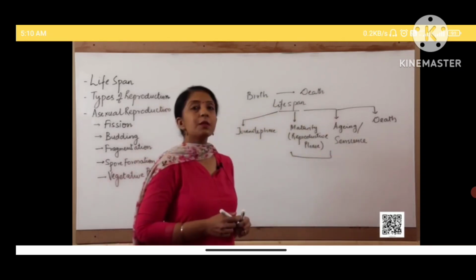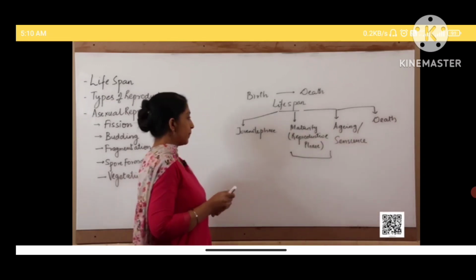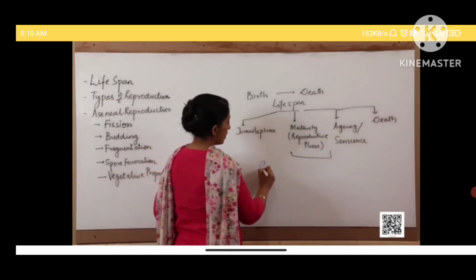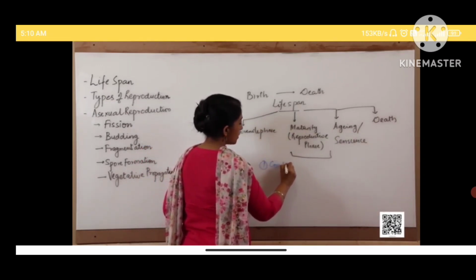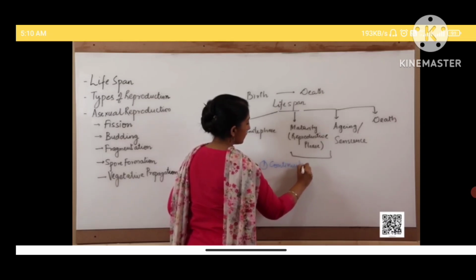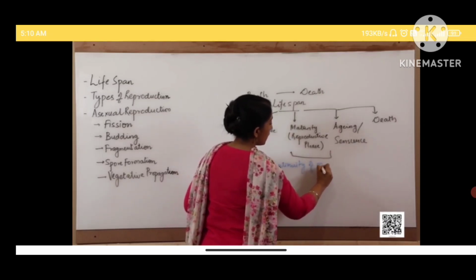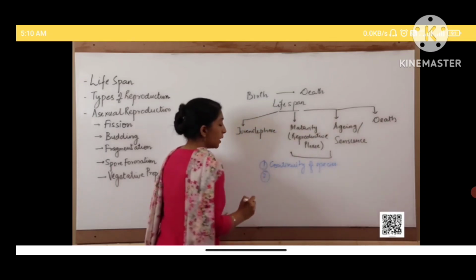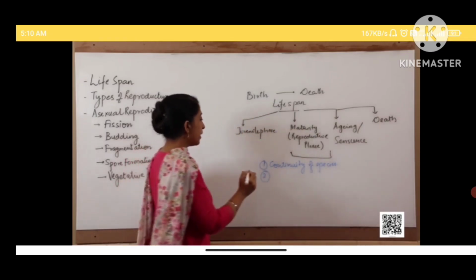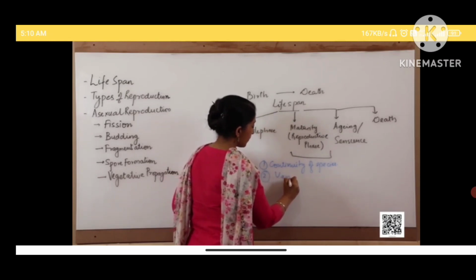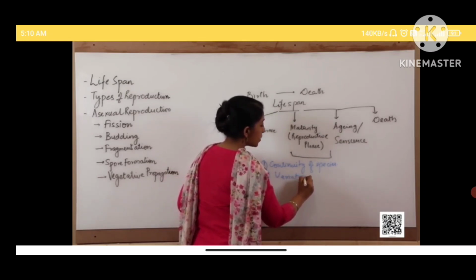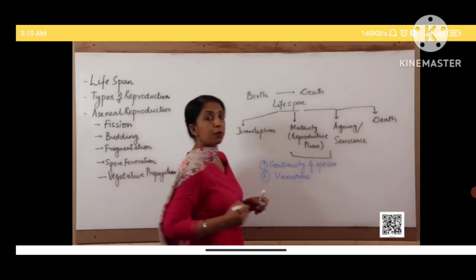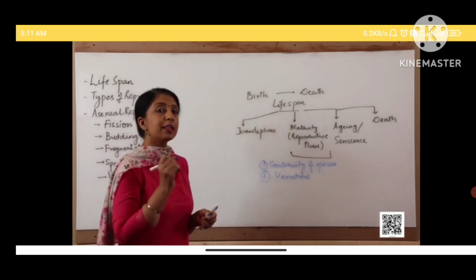Reproduction is important because, one, it ensures continuity of species on the face of earth. Secondly, it also helps in bringing about variations. Now, what are these variations? How are they produced, and what is their significance?